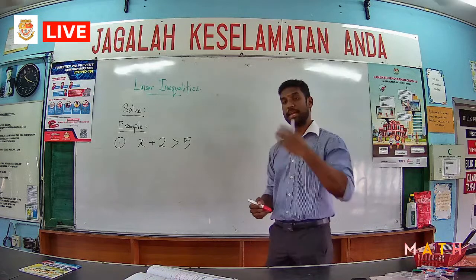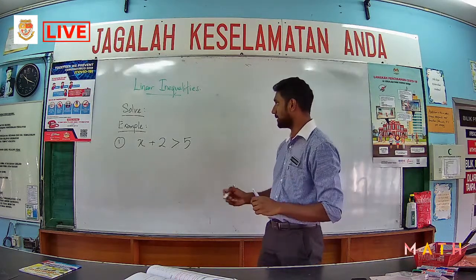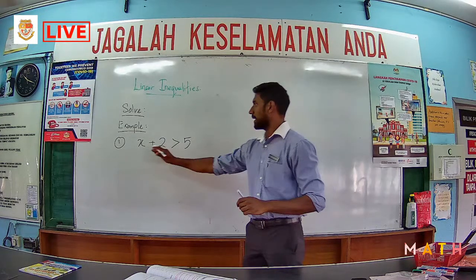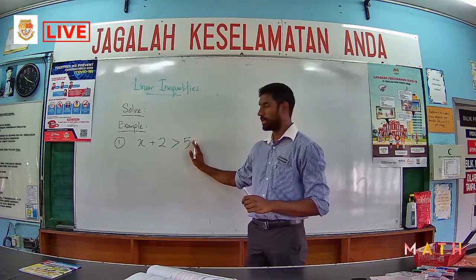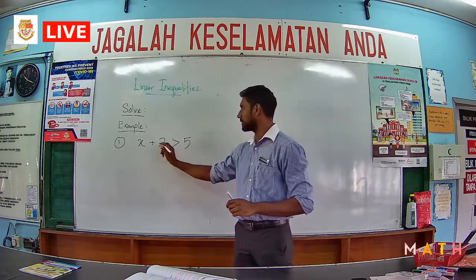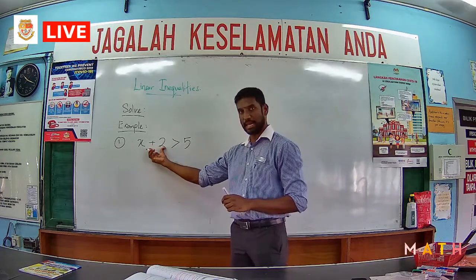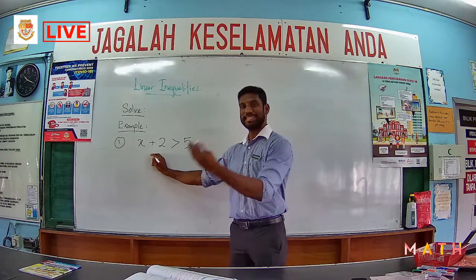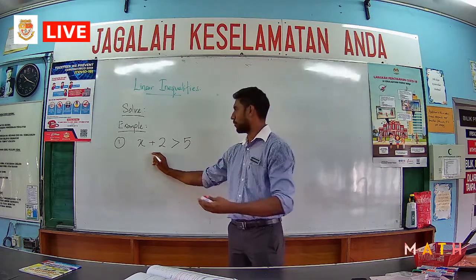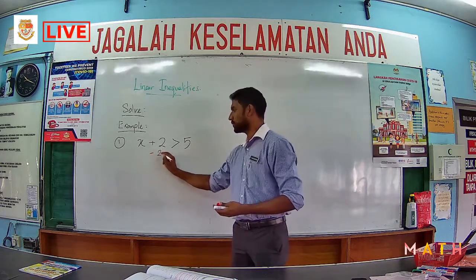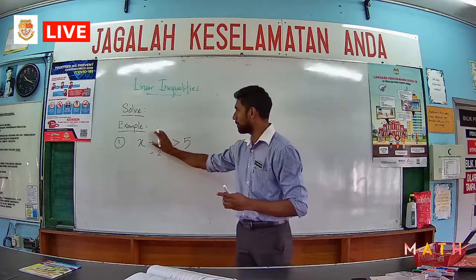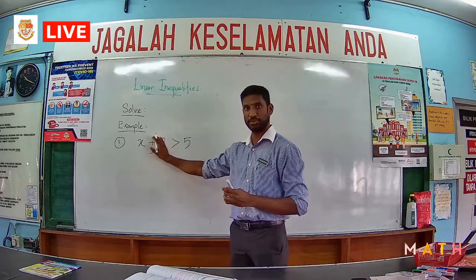Just like how we did in the previous chapter, x plus 2 greater than 1. So how are we going to solve this? We have plus 2. To eliminate this number, we give the opposite of plus, which is minus 2. Remember, we must make sure the number becomes 0 here.